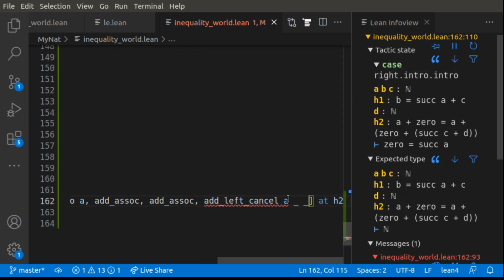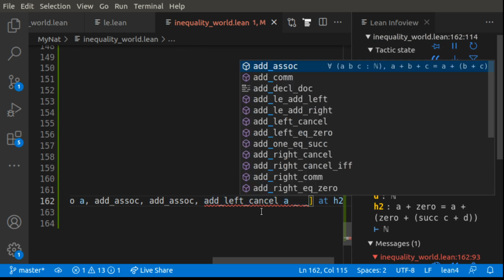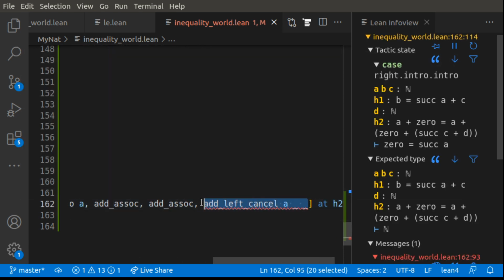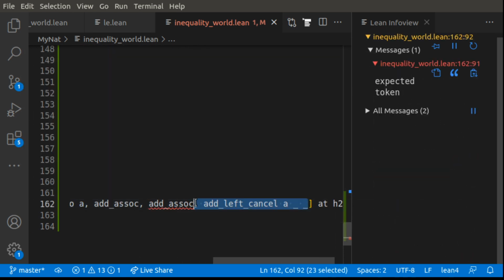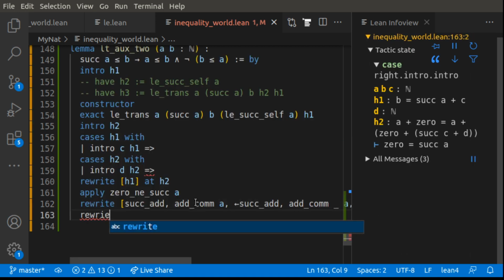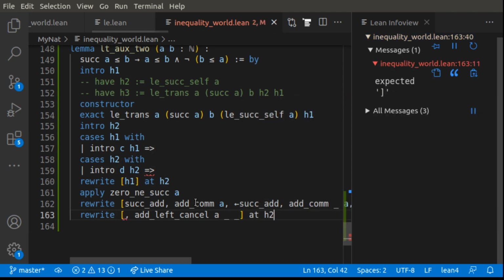Does this work? Okay, T. Yeah, let's just stop it here. This is getting kind of long. Okay. Rewrite at h2.